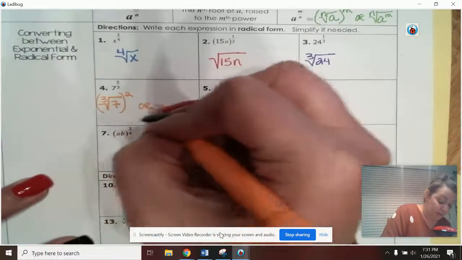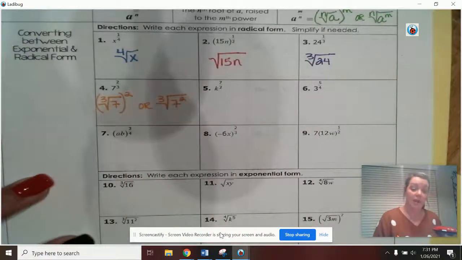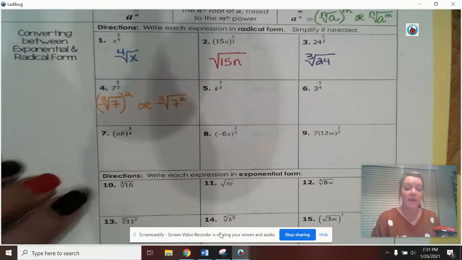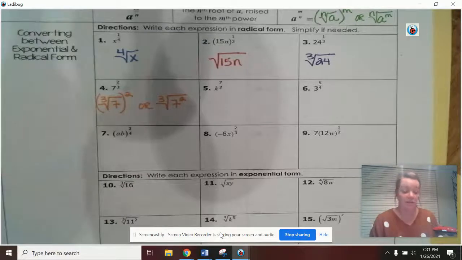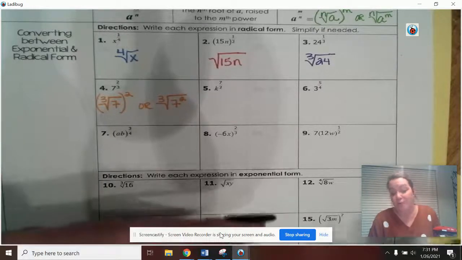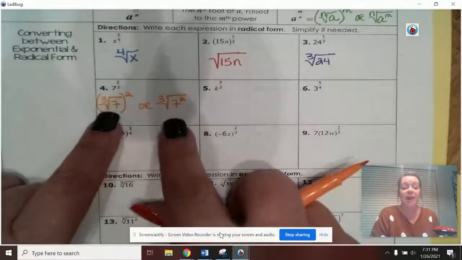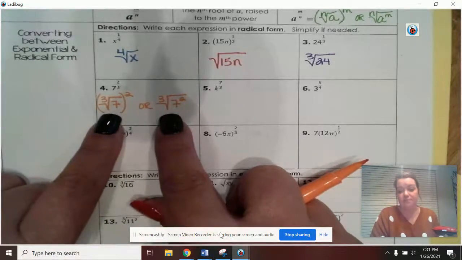Or we can write it as the cube root of 7 squared, okay, which is also fine. And I'm just going to leave it there. I'm not going to go any further. I know that 7 squared is 49, but we're just getting these back into radical form. And then because the cube root of 49 isn't going to simplify either, let's just leave this as is, because either one of these solutions is fine.